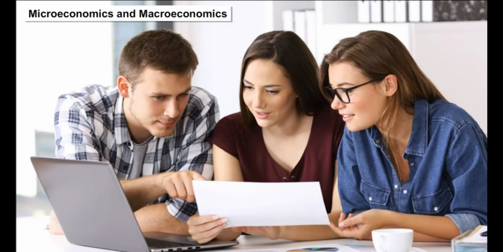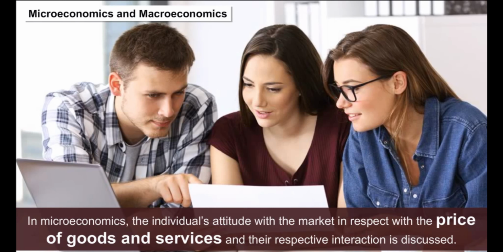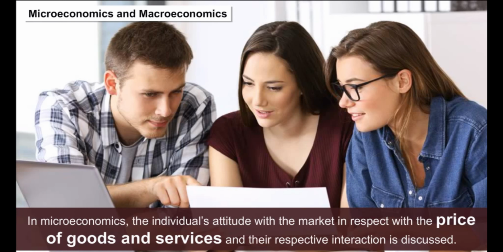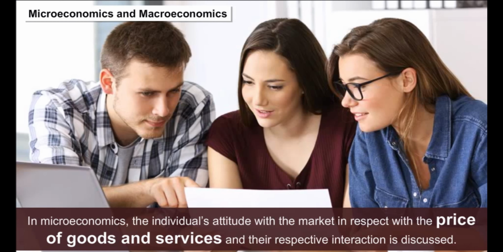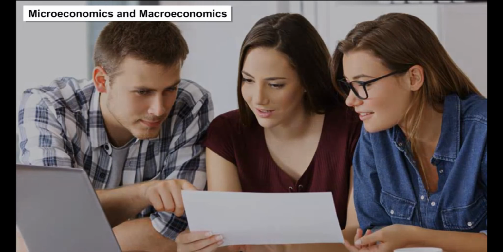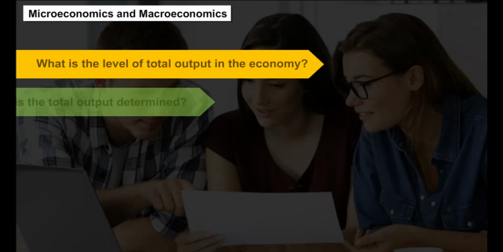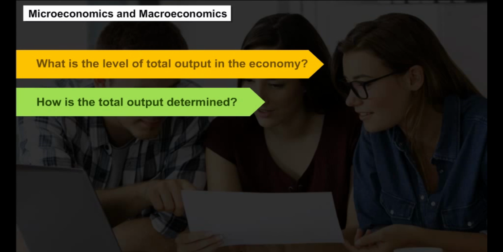Microeconomics and macroeconomics. In microeconomics, the individual's attitude with the market, with respect to the price of goods and services and their respective interaction, is discussed, such as: what is the level of total output in the economy? How is the total output determined?